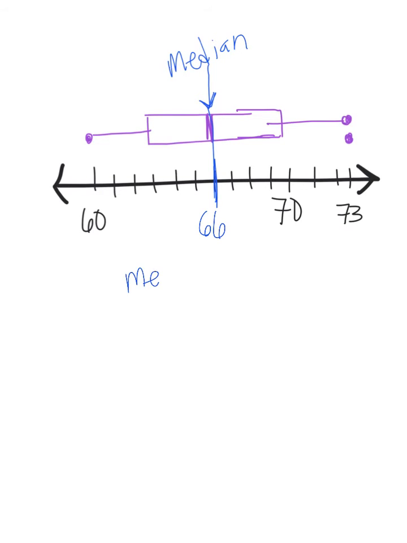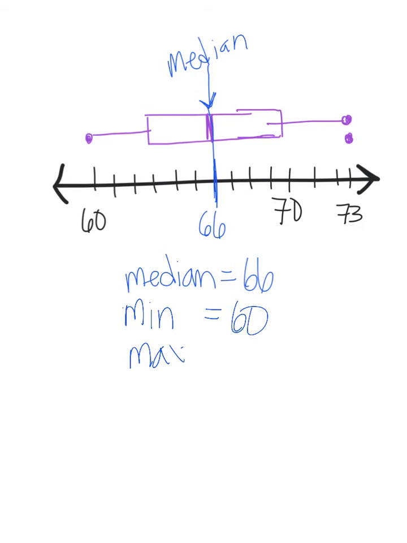So our median equals 66. Now, this point right here is our minimum, and this is our maximum. So you could write min is 60, and our max is 73.